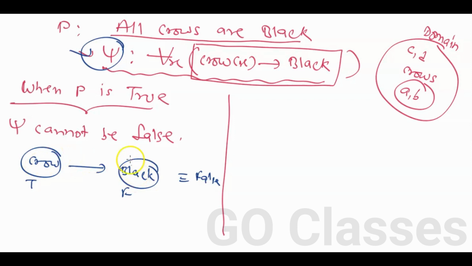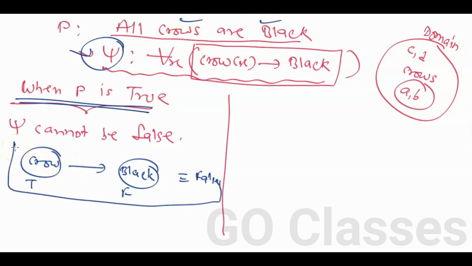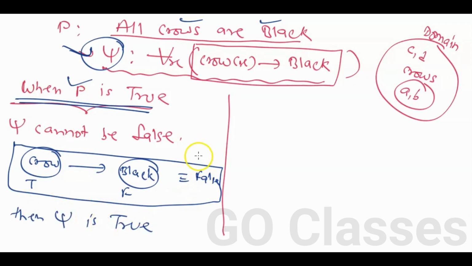But when P is true, all crows are black, so this situation is not possible. Because this situation is not possible, phi cannot be false. So when P is true, then phi is true.